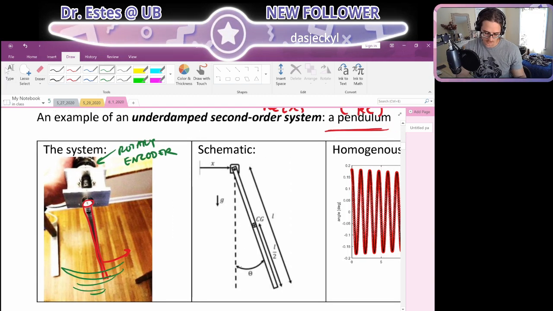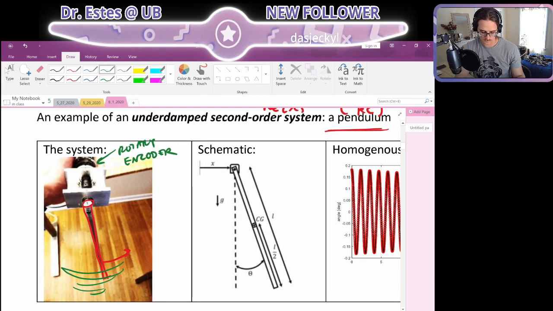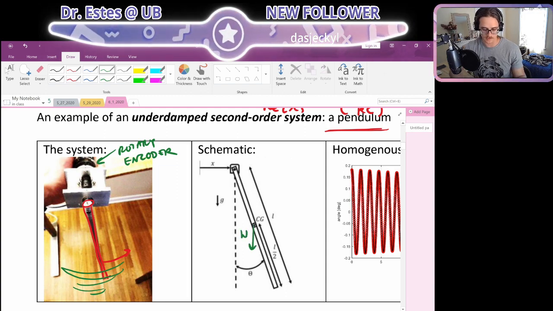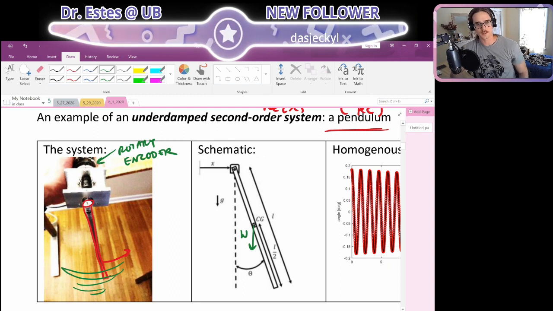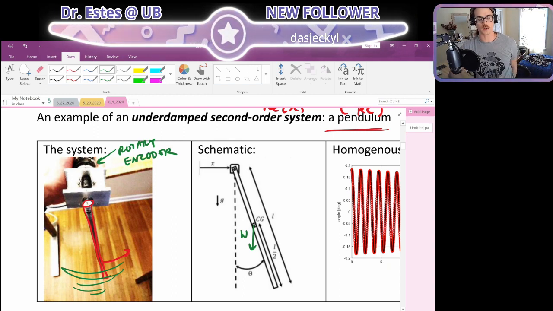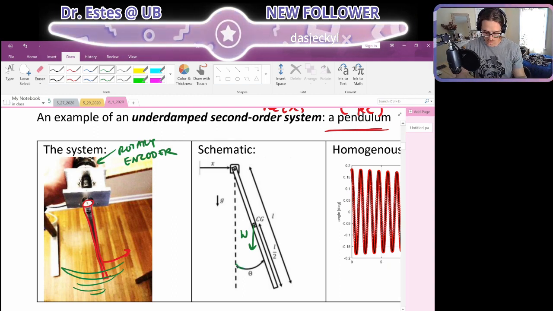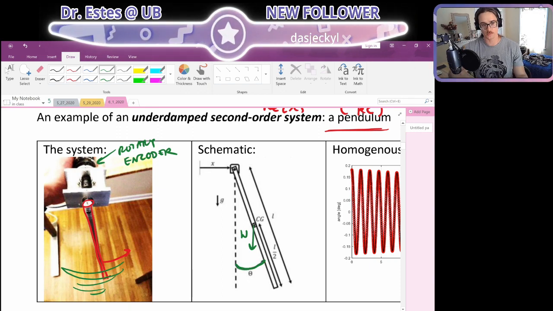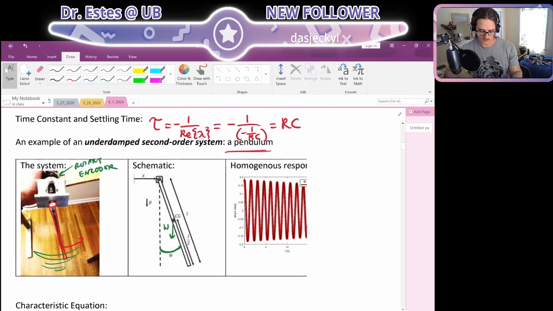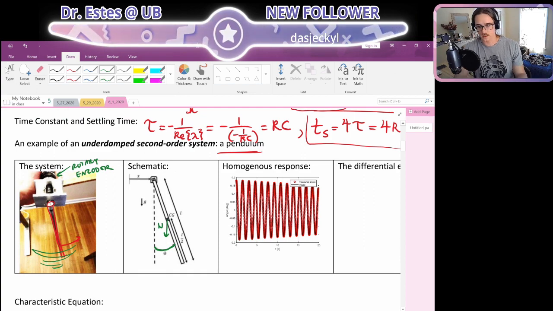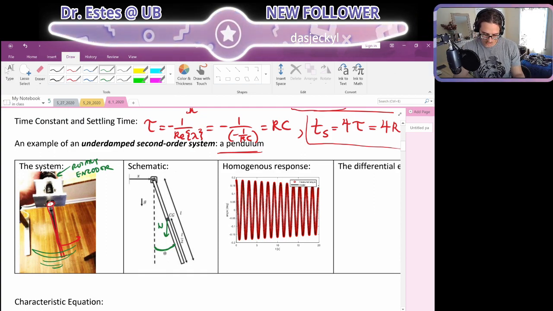And so here's a schematic. You could draw a free body diagram on this. You have the weight of the pendulum acting there. And we went through the steps of Newton's laws. So my rotary encoder, I had it measuring this angle relative to vertical. And this is what the response looked like. It goes back and forth, back and forth. You guys know how a pendulum works.